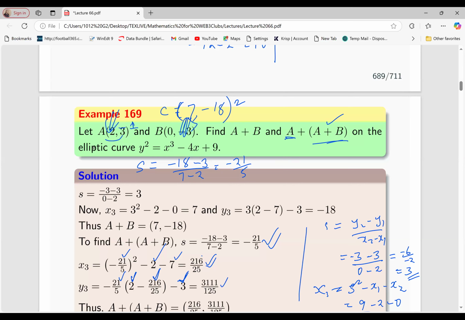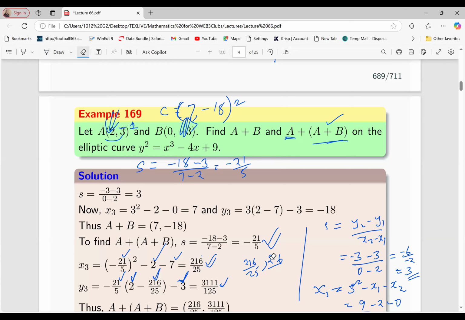When you use your calculator, you get what I was getting. And therefore, the new point is 216 out of 25 and 3111 out of 125. This is the new point. The sum of this gives you that point.